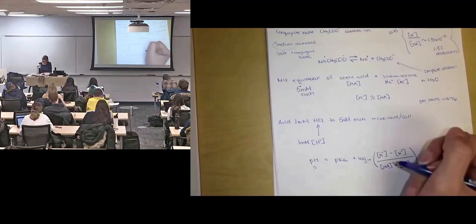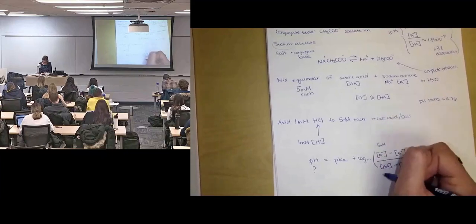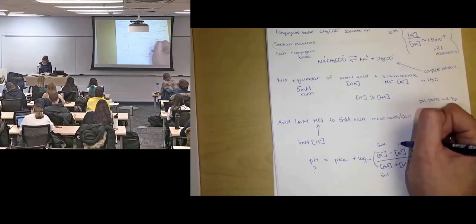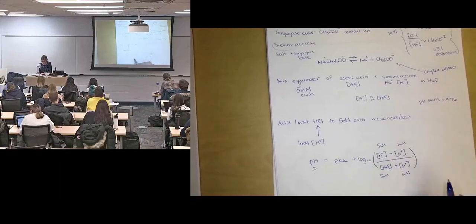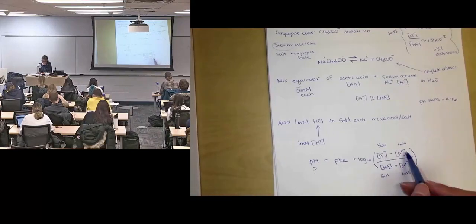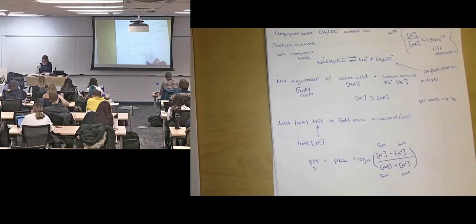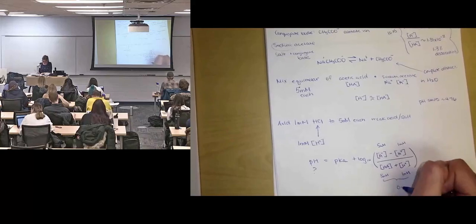Okay. So these are both 5 millimolar. This was 1 millimolar. Okay. If you plug all this in, this was 4.76. You can plug in log base 10 of 4 millimolar on the top, 6 millimolar on the bottom. The inside term here is 0.67.